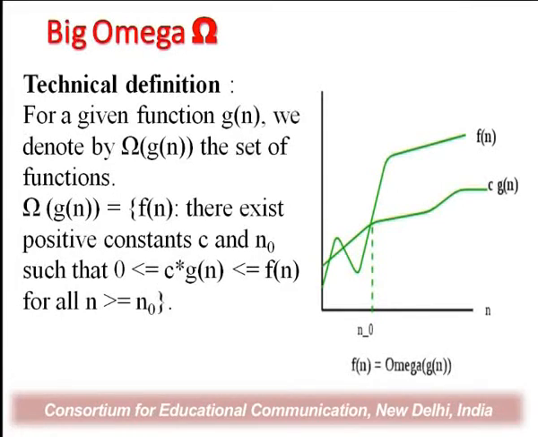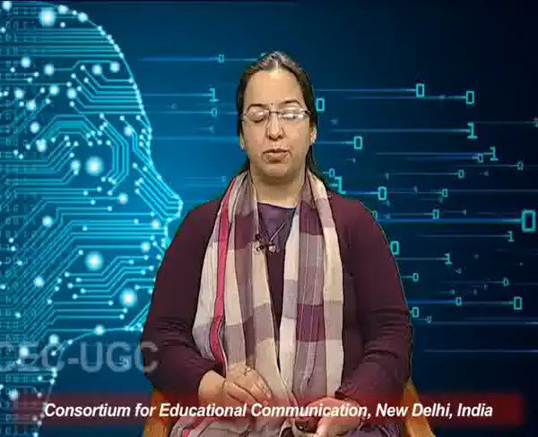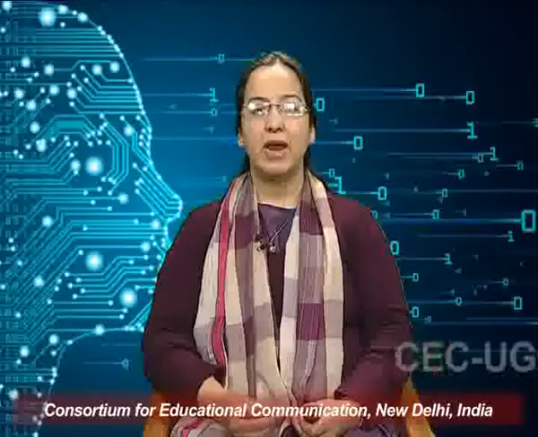So omega of g of n is f of n for all n greater than n0. Basically, this is like making a claim that one is having at least 50 rupees in his or her wallet when they really have 10,000 rupees. If they are saying that they are having at least 50 rupees, the claim is true enough.